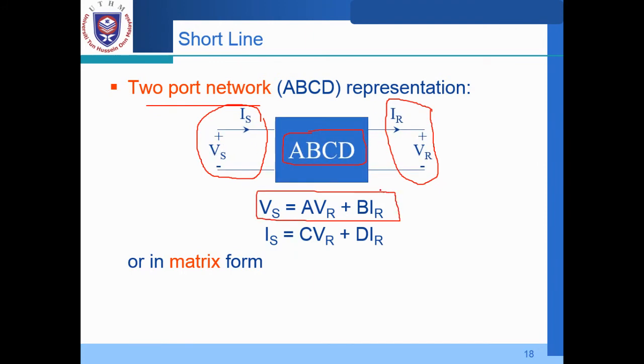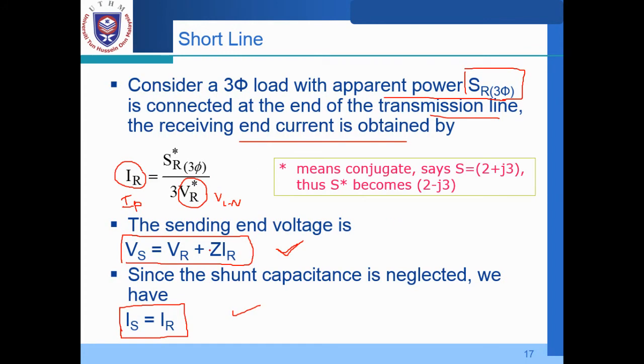Okay, so we try to transform the first equation into the A, B, C, D two-port network. So we may write V_S equal to A V_R plus B I_R, and thus we can make a direct comparison. So V_S equal to A V_R plus B I_R.